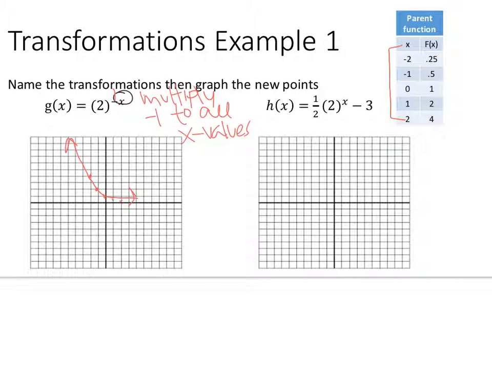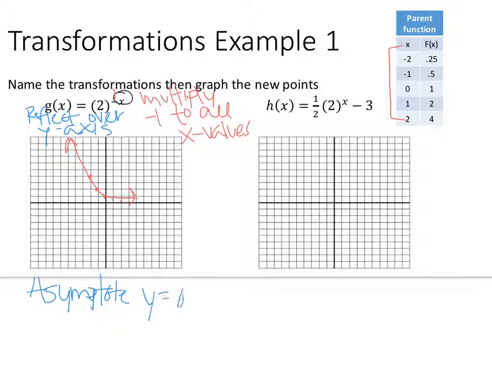So what happened here is we actually reflect, but instead of reflecting over the x-axis like we normally do, we reflected over the y-axis. So I just took the whole graph and mirrored it to the other side. And again, my asymptote is still at y equals 0 because I didn't change anything to my y values.